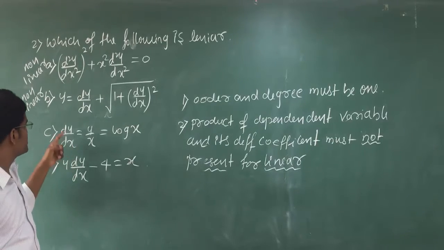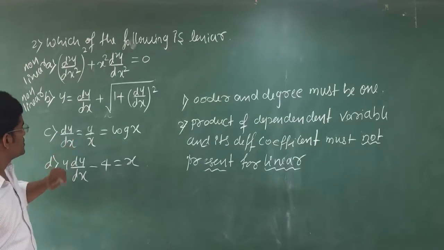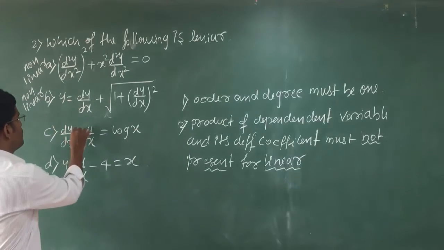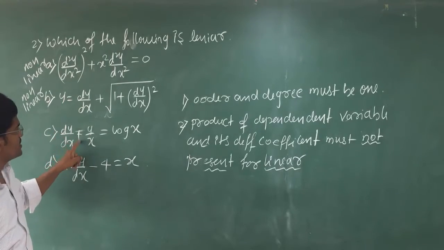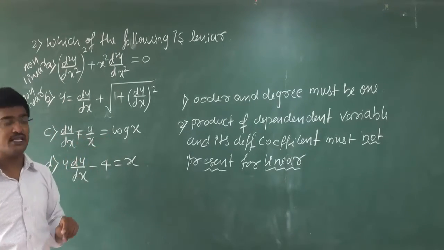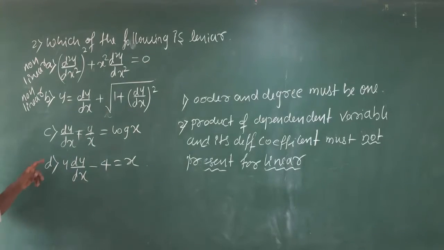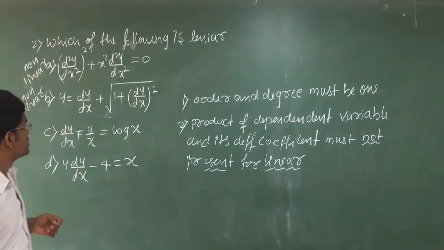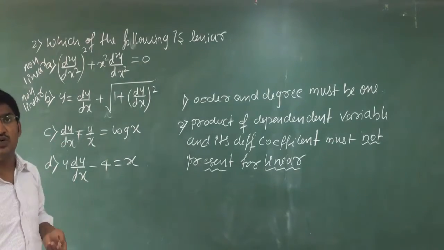Next, come to this: dy by dx plus y by x equal to log x. Here there is no dependent variable function, so there is no product of the dependent variable and differential coefficient. Order and degree are also 1.